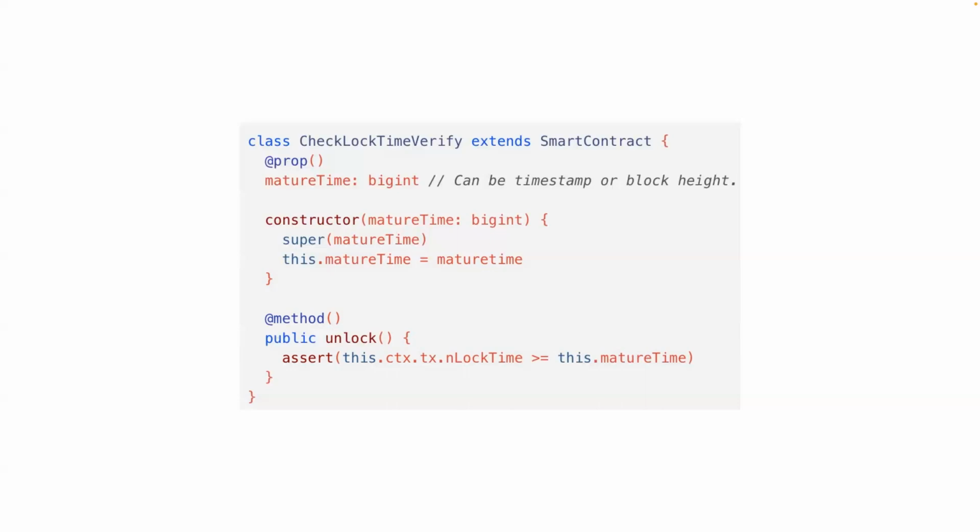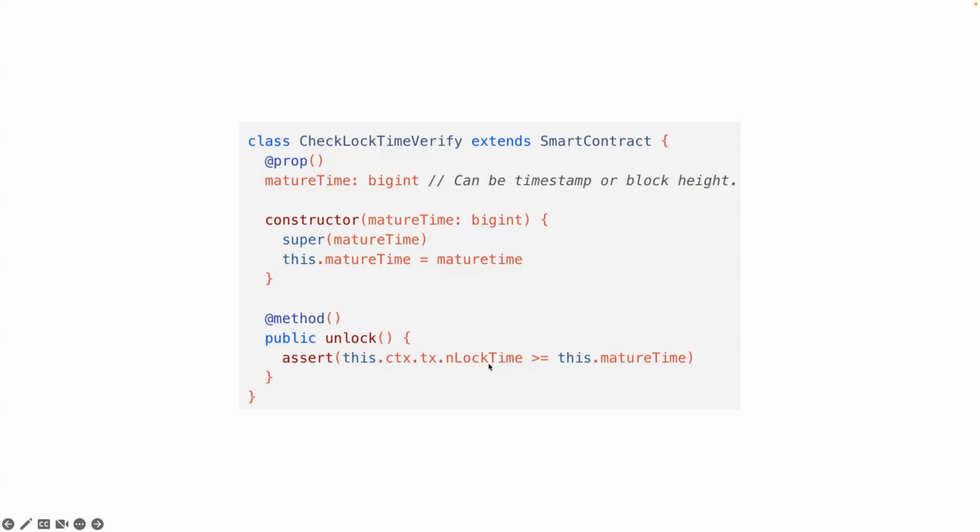So here, using this example, the syntax is very simple. If you want to know the script context, for every smart contract, it has this property called CTX. Basically, it's the script context. So you just say this dot context and then dot unlock time. This will give you the lock time of the spending transaction.